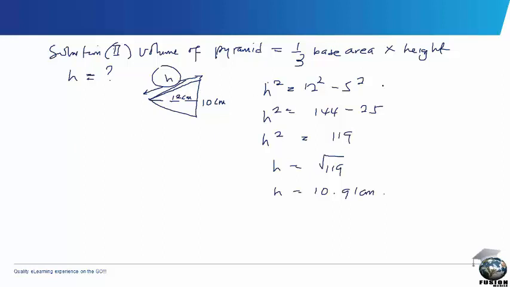Why we used 5 is because at the point where we cut the pyramid, we have 2 sides, cutting into equal sides, 5 cm and 5 cm.